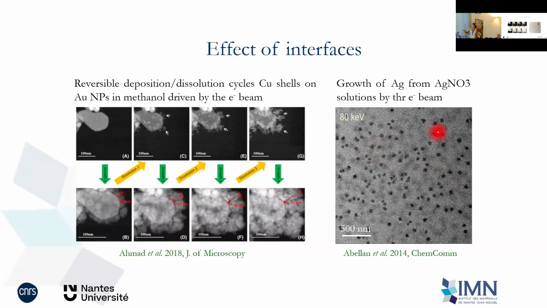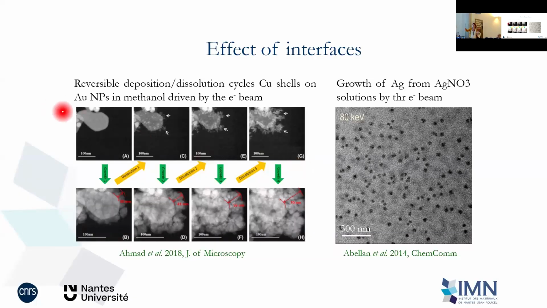Here you have two planes. The particles in focus are on the top membrane, but then all these blobs here are particles on the bottom membrane. You don't have things in between. So this is where the nucleation and growth happens. There is an effect of interfaces.